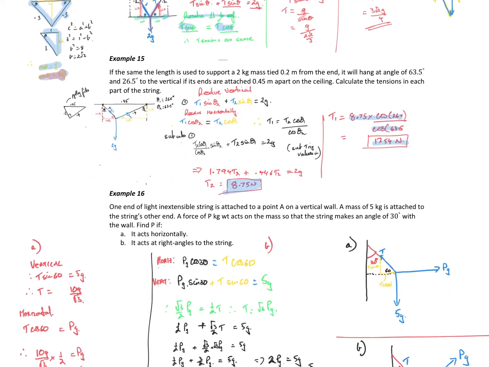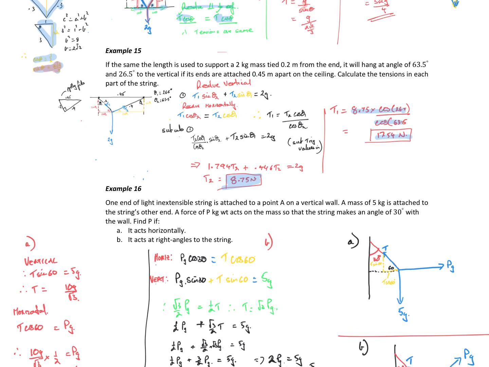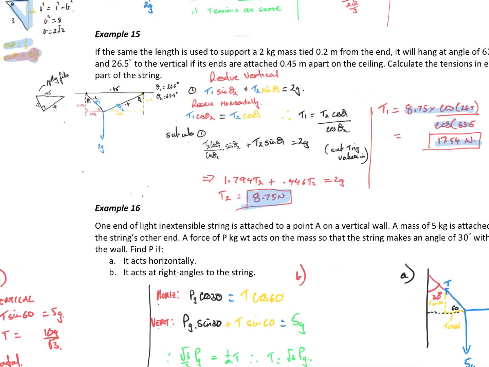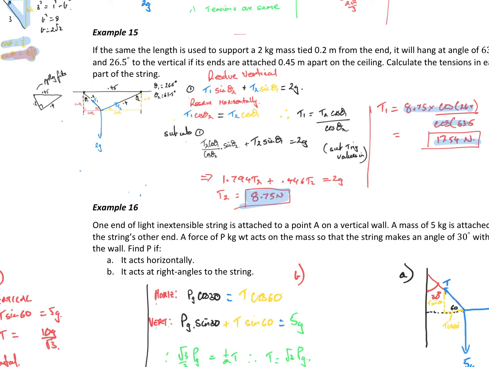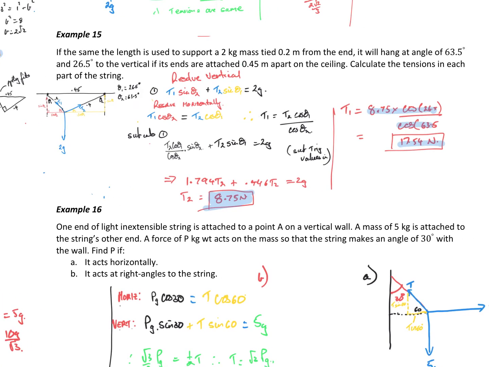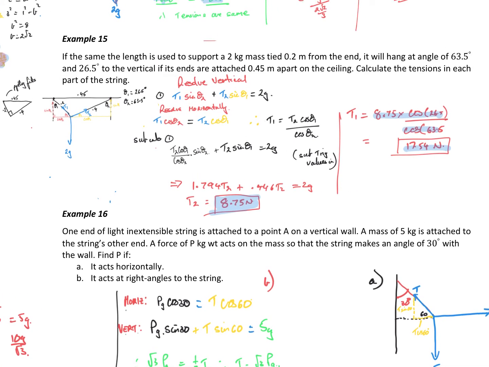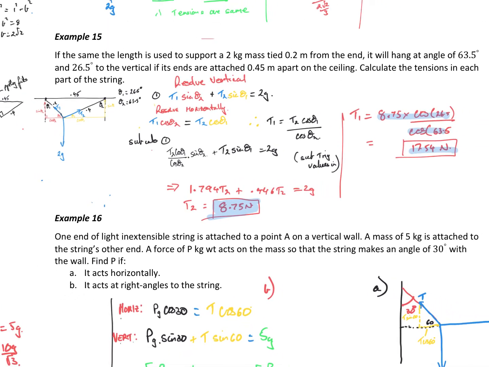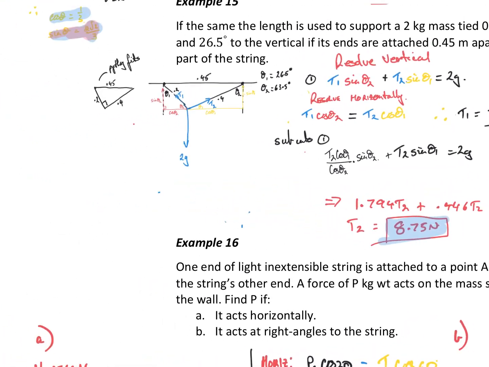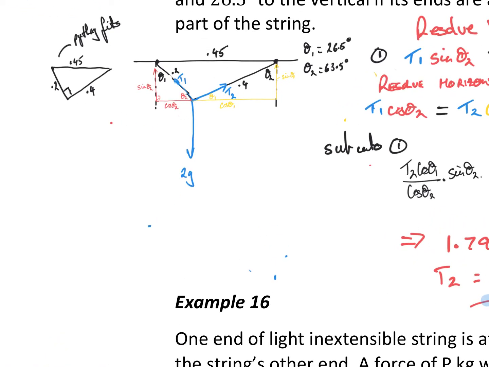Let's have a look at how example 2 changes, or example 15. Same sort of thing. We've got the same length of rope used to support a 2 kilogram mass, tied 0.2 meters from one end. It will hang at different angles to the vertical if it stands at 0.45 meters apart on the ceiling. So again, we're 0.45 meters apart.